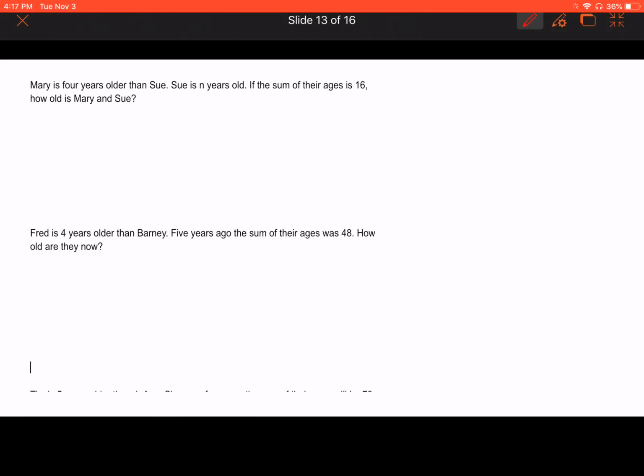Mary is 4 years older than Sue. Sue is 9 years old if the sum of their ages is 60. So Mary is going to be 4 years older than Sue, and the sum of the ages of Mary and Sue is going to be 60. Let's substitute the value of Mary in this.